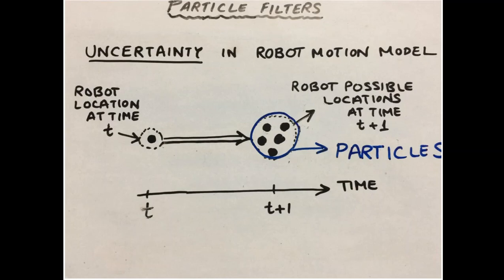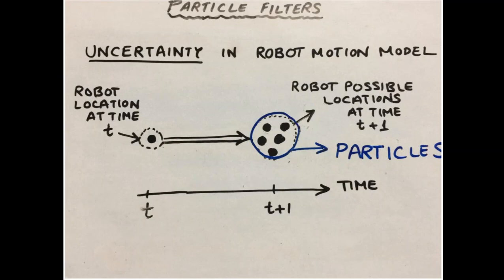In the taxonomy of the particle filters, we're going to call these circles particles. From this point onwards, we're going to refer to particles to describe the possible locations of the robot at any given time instance.